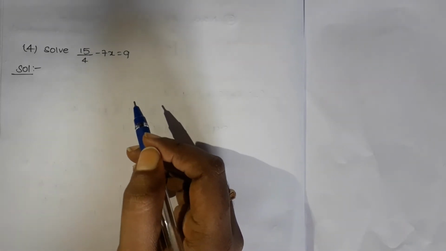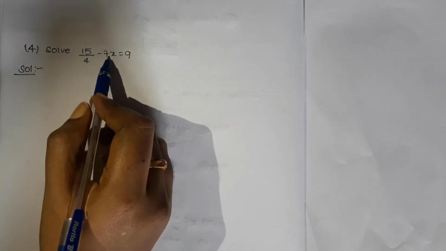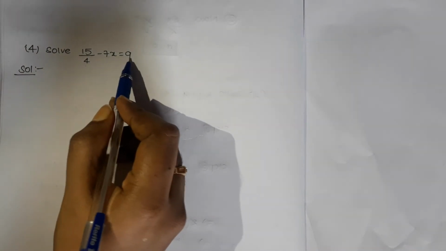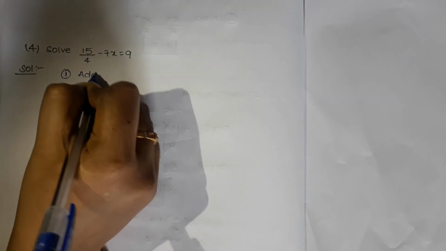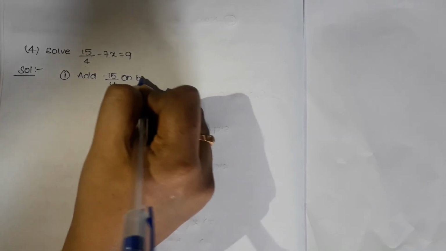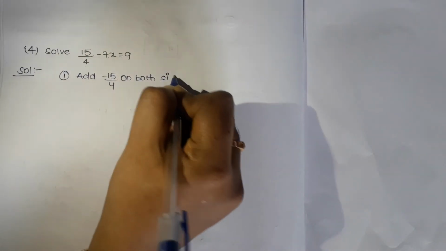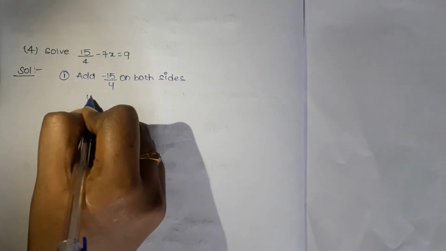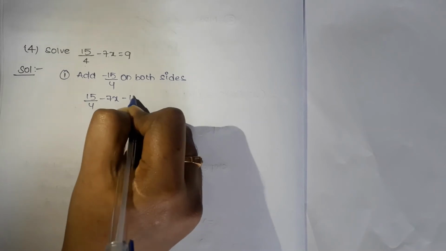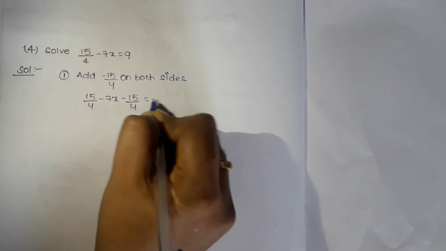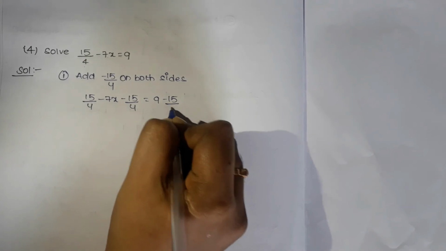Now let us see the fourth problem, that is solve 15 by 4 minus 7x equals 9. Now in order to solve this problem, first step, add minus 15 by 4 on both sides, and 15 by 4 minus 7x minus 15 by 4 equals 9 minus 15 by 4.